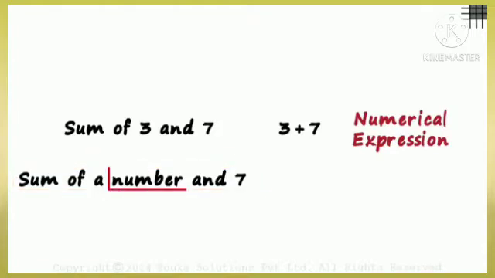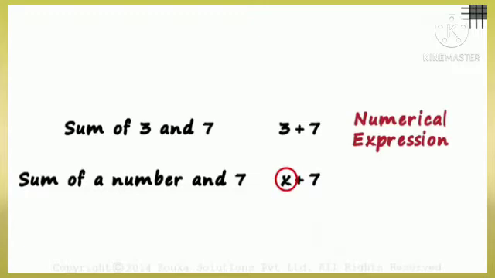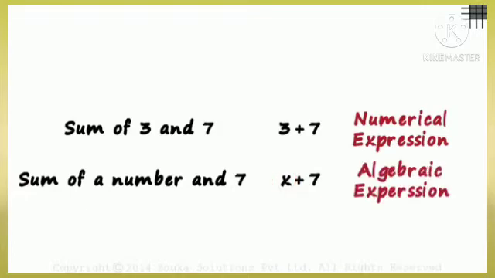As we don't know what this number is, we can use a variable in its place. We can write it as x plus 7, where this x can take any numerical value. As this expression also has a variable in it, it's called an algebraic expression. Variables, then algebraic; just numbers, then numerical.